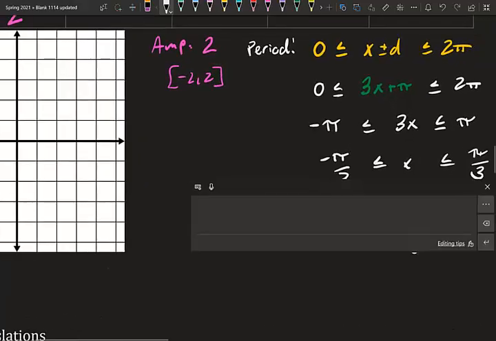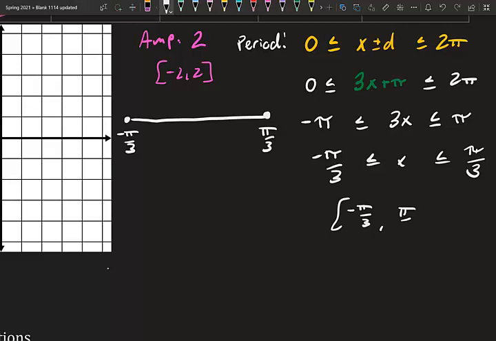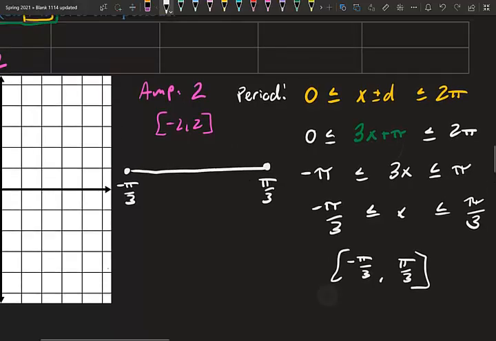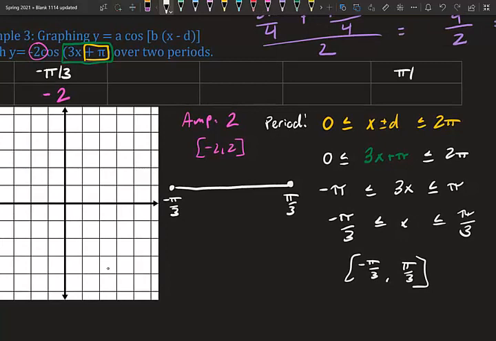So now we can go ahead and find our intervals. We go from negative pi over 3 to pi over 3. That's our period. So we have negative pi over 3 to pi over 3.